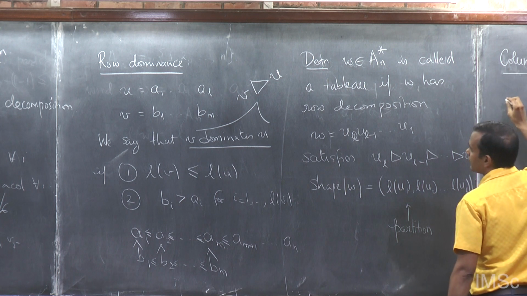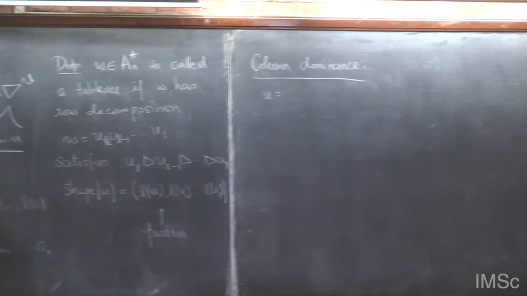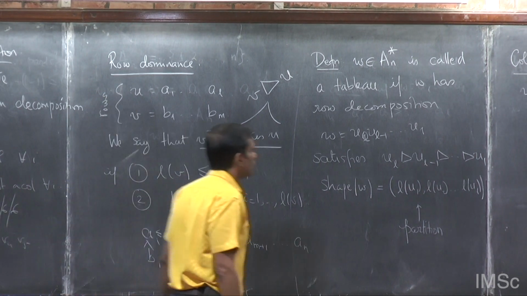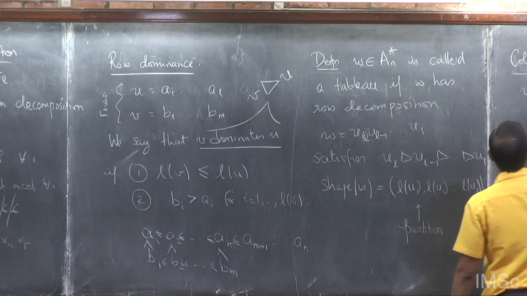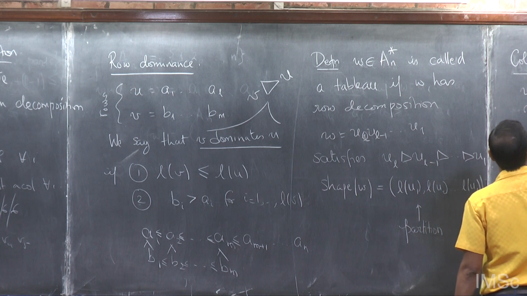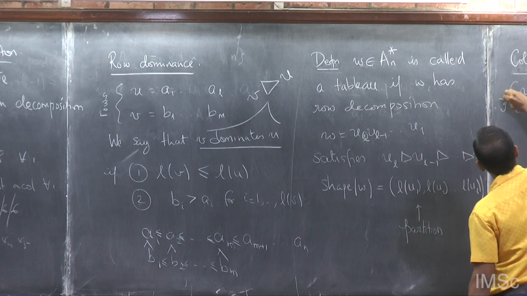Suppose we have columns; these are rows, and let us say these are columns.